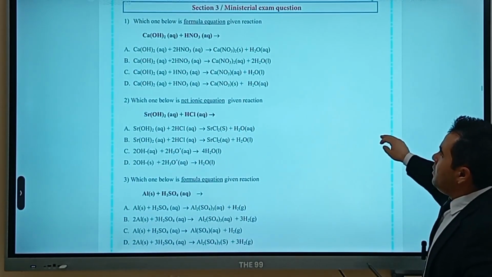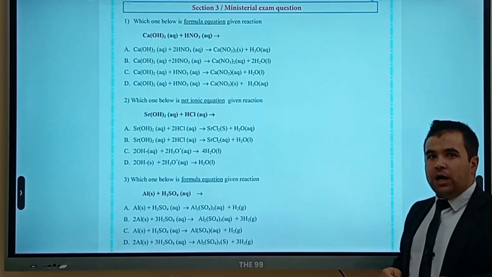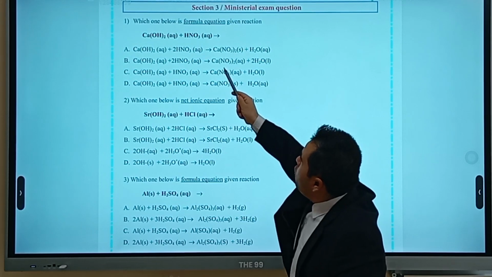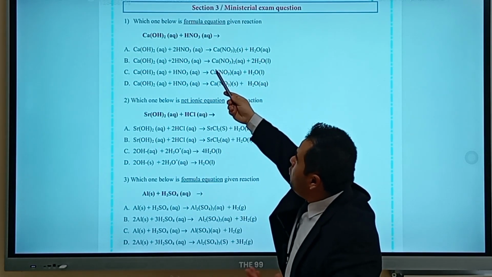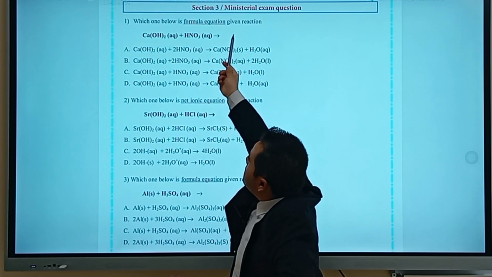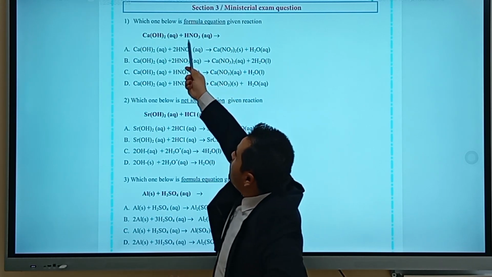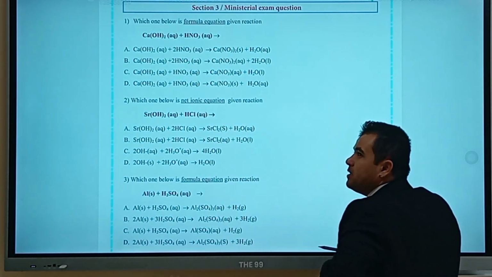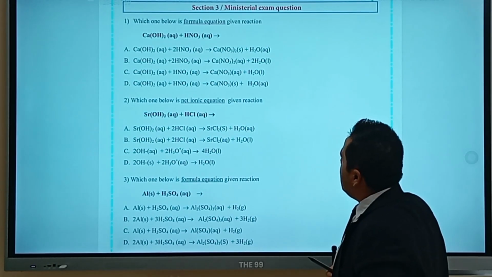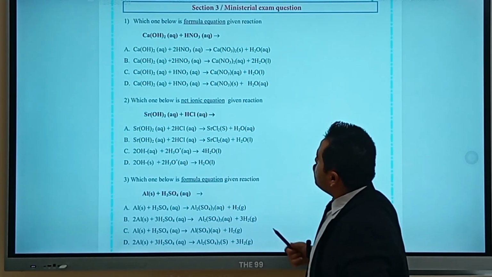Here we have the ministerial exam questions, guys. Let us practice some of them. Which one below is the formula equation given? For the formula equation, you have to complete the reaction. Calcium hydroxide with HNO3 will give calcium nitrate, Ca(NO3)2, which is soluble, with the H2O.